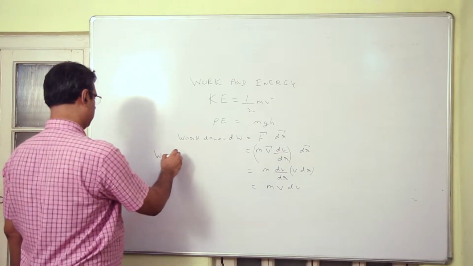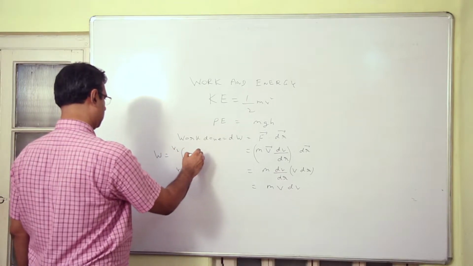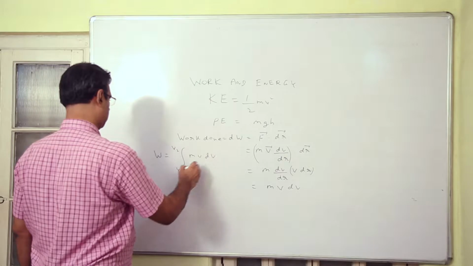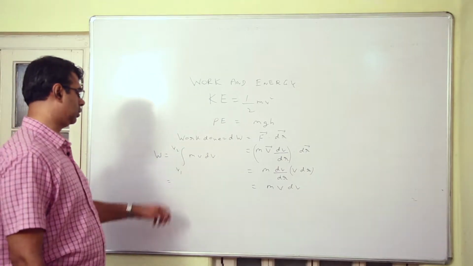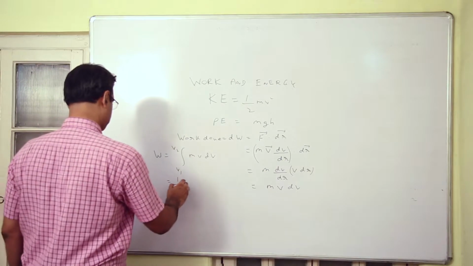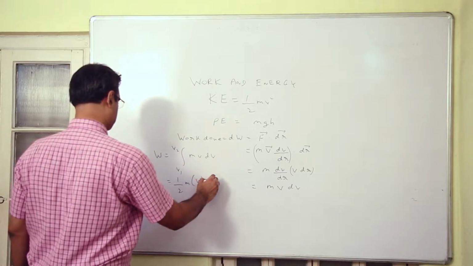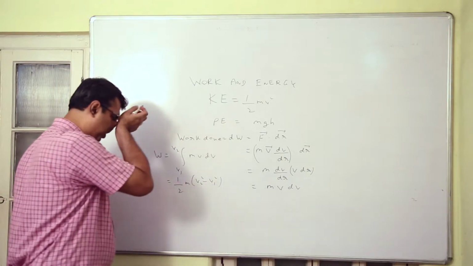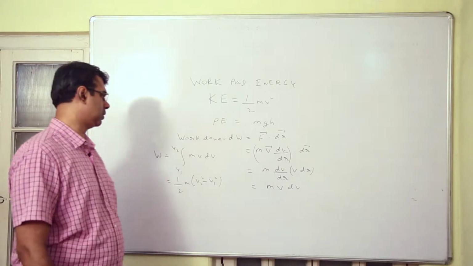Now the total work done by the force while undergoing a change in velocity from v1 to v2 is equal to half m into v2 square minus v1 square.